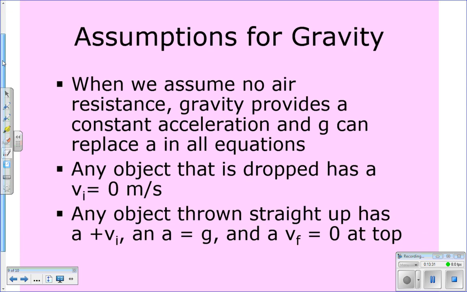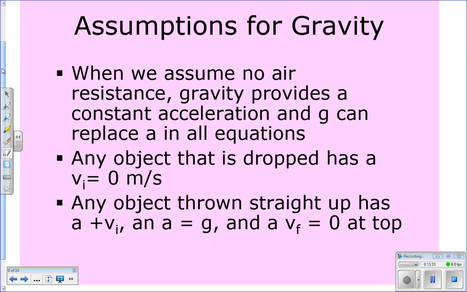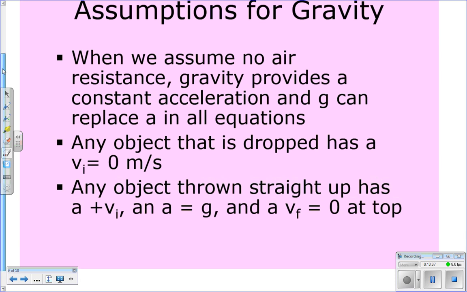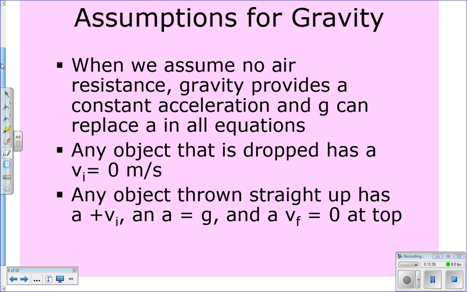So since gravity makes things accelerate at a constant rate, there are some things that we can assume for objects that we can ignore air resistance for. That is, any object that's being dropped has an initial velocity of 0. So if you see a problem where it talks about something as being dropped, the acceleration, the thing that's going to make it fall toward the Earth, is gravity.